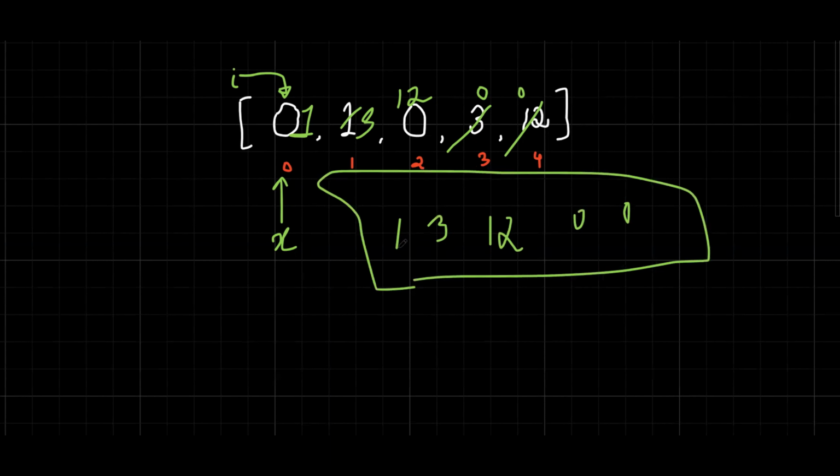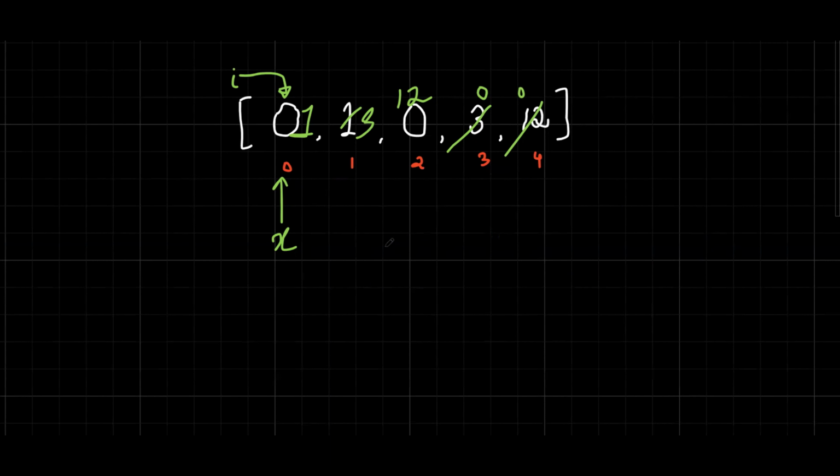Now let's see how we can solve this problem by using the two pointers algorithm. Here, at first we will take one pointer x, which will point to the first element, and we will take another pointer i, which will point to the first element. Now we have to check whether the value of A[i] is non-zero or not. Here, the value of A[i] is 0, so we don't have to do anything.